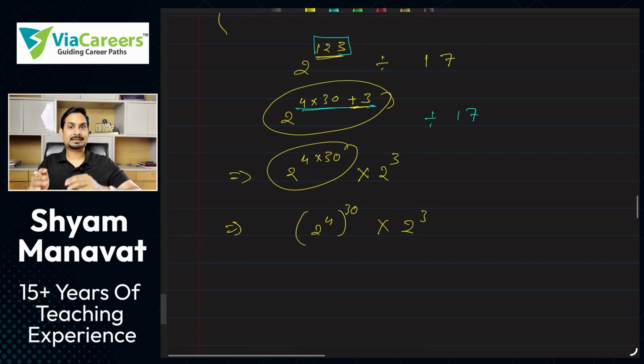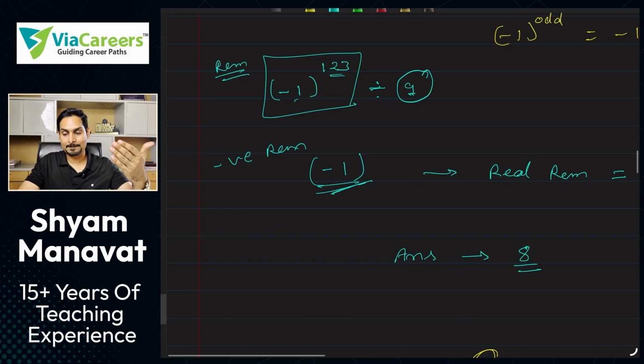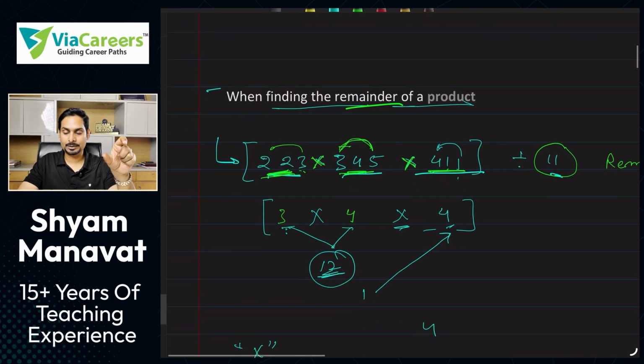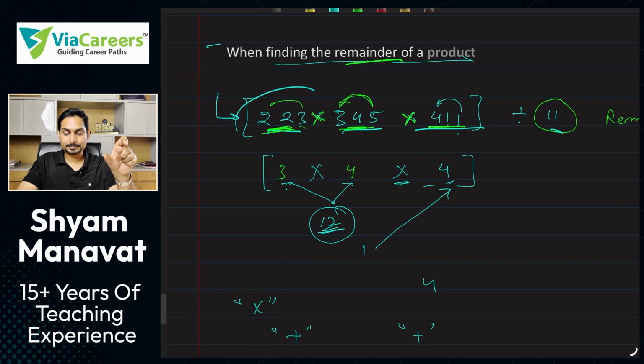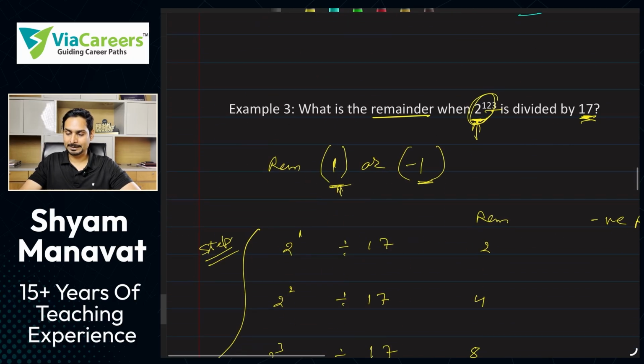Now as I said, focus on getting remainder. This expression divided by 17 is very similar to the questions we dealt with when I was explaining the concept of the remainder theorem. Don't you think so? One number is 2 to the power 4 into 30 and the other number is 2 to the power 3. Both are in multiplication. You have a common divisor. So to find the remainder, use the same method.